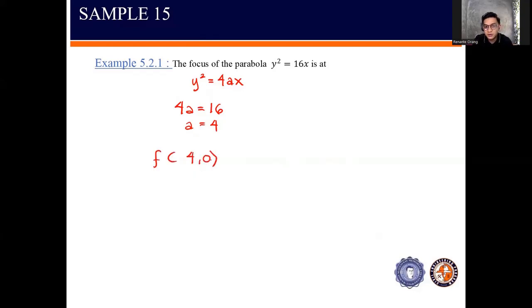Ayan. 0, yung ating y, kasi, again, yung kaniyang vertex is nasa center. So, 0, 0, kumbaga. So, automatic, yung ating focus, again, di ba? If we will have our drawing, ayan, focus is A, then automatic 0. And that's our answer. Focus is at 4, 0.